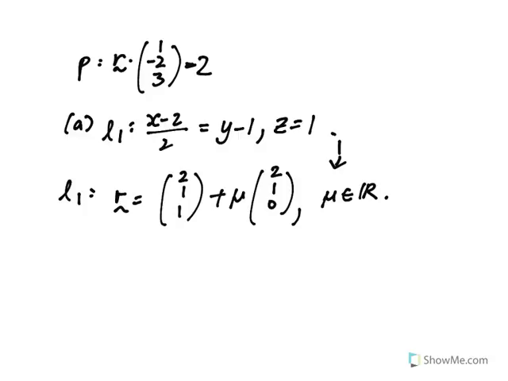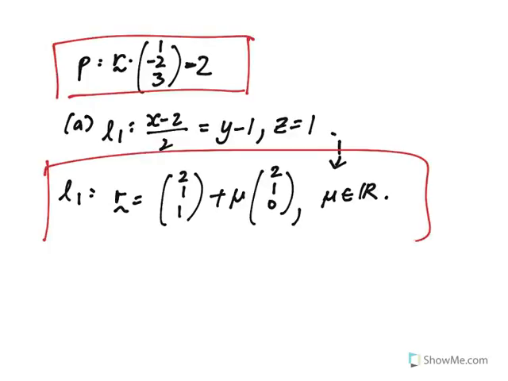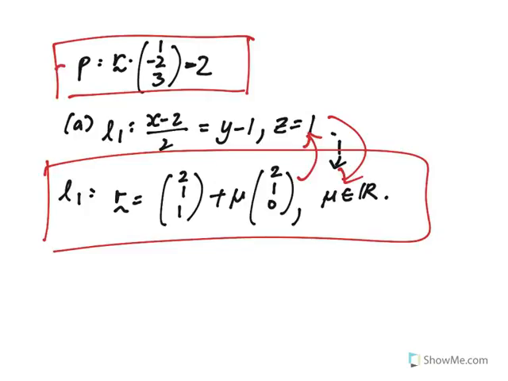Right, so from here, I need to check the relationship between this and this. How do I go from here to here? First line. Oh no, the first two are different.